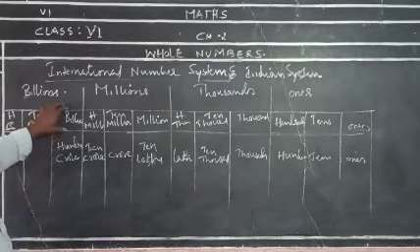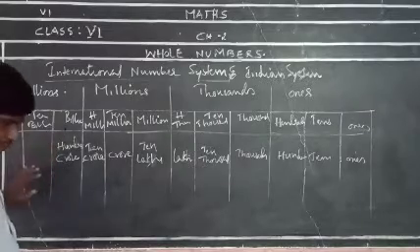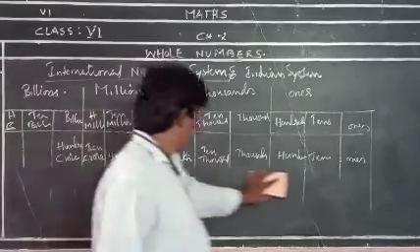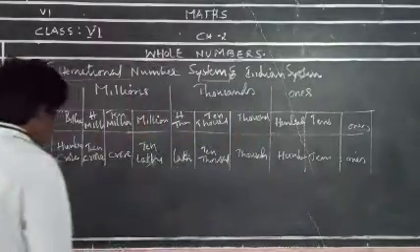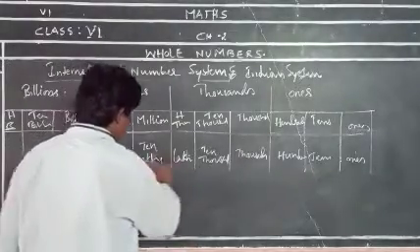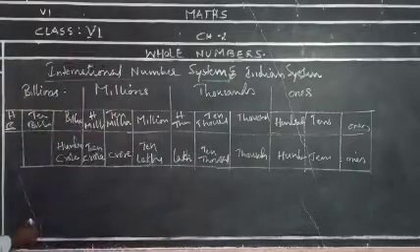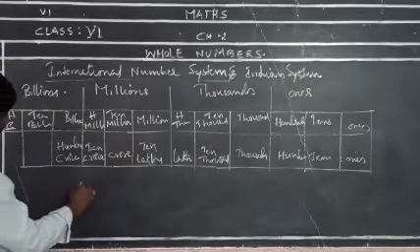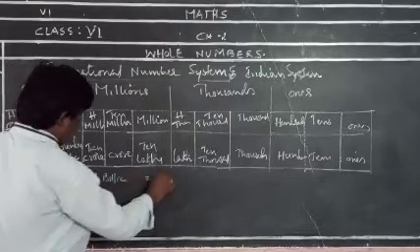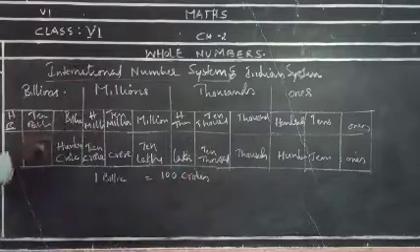Suppose here, billion. 1 billion is how many crores? 1 billion is nothing but 100 crores. By this chart we can easily give the relation between them. So 1 billion is equal to 100 crores.